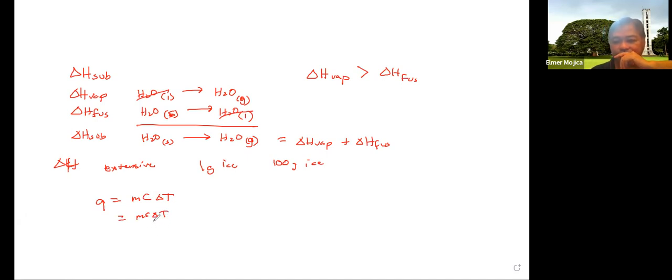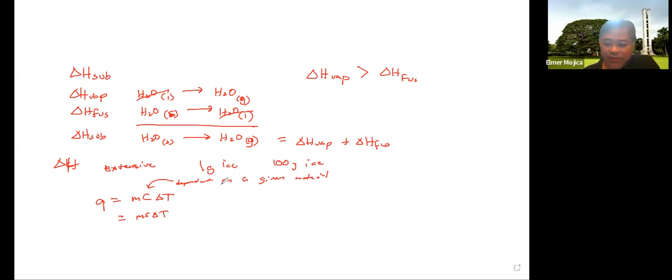Okay? So, ano yung constant dyan? Usually, yung constant dyan ay specific heat. So, that is dependent on a given material. So, merong constant value, let's say, for a given material.